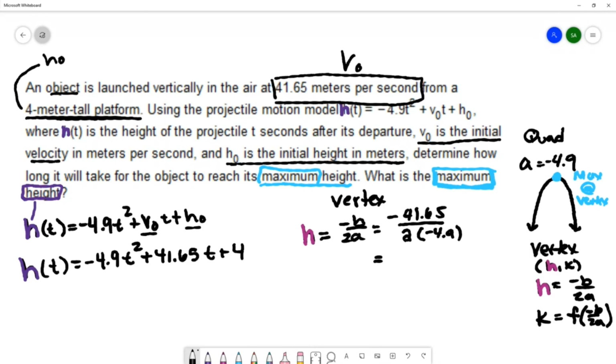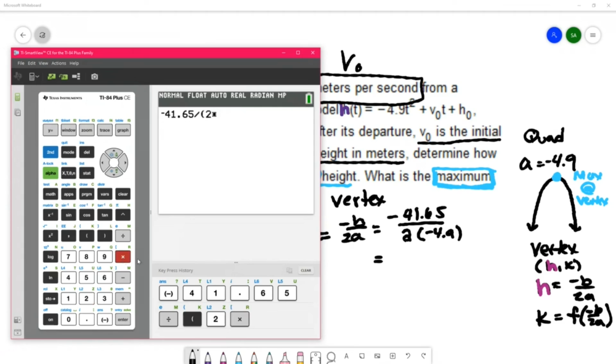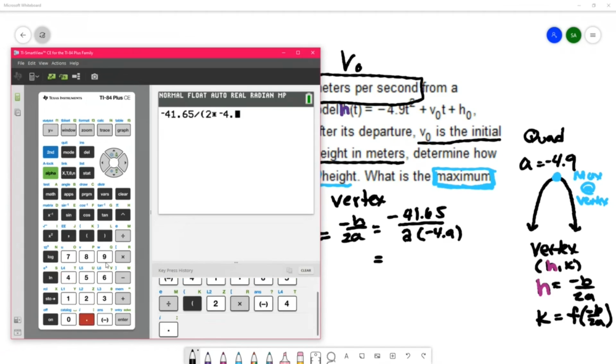And let's get our calculators out so we can work this out. We have a negative 41.65 divided by, and I'm going to put parentheses around my denominator because there's more than one thing. I want to make sure the calculator knows what goes into the denominator. 2 times negative 4.9. And so we have 4.25.